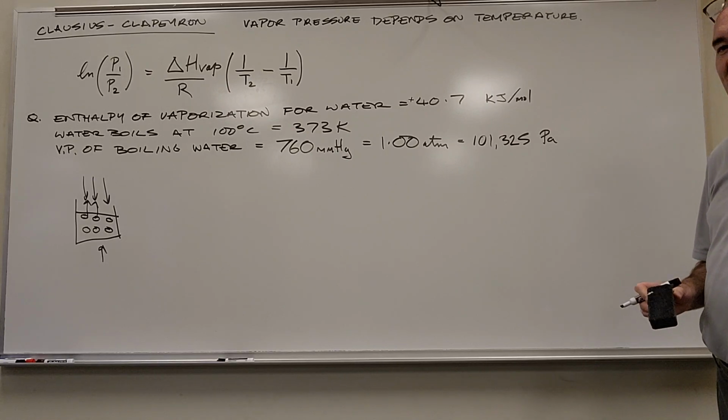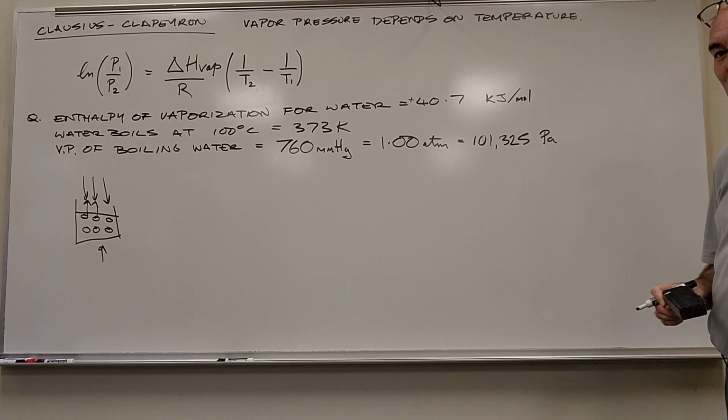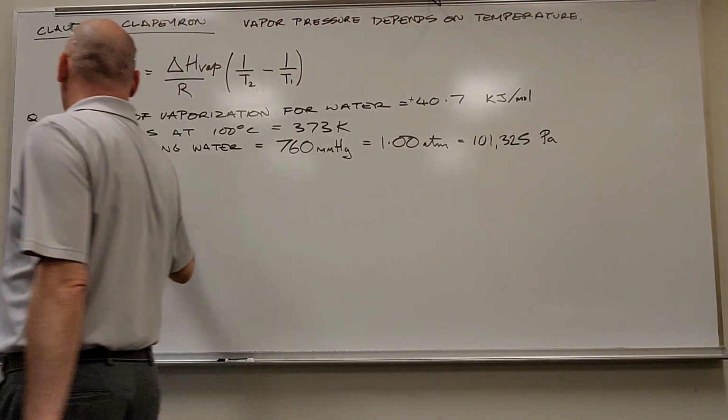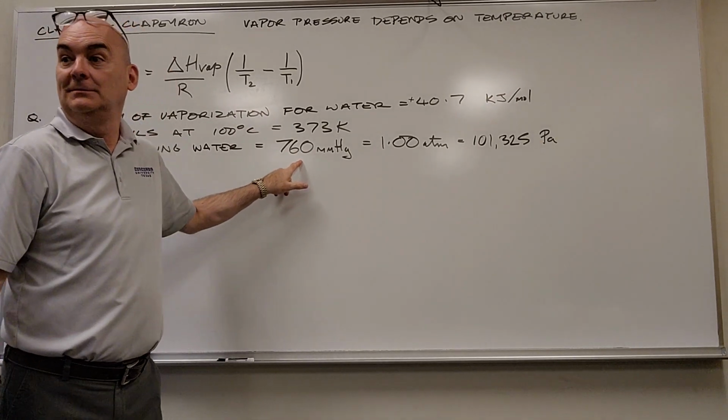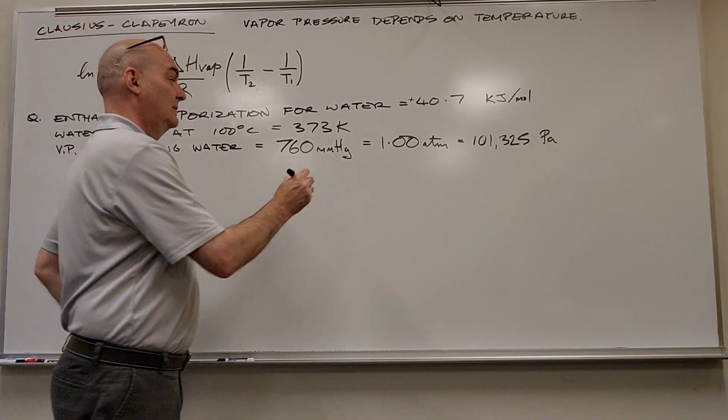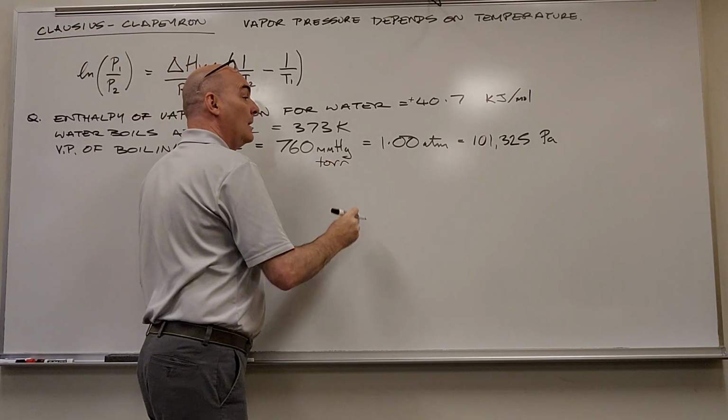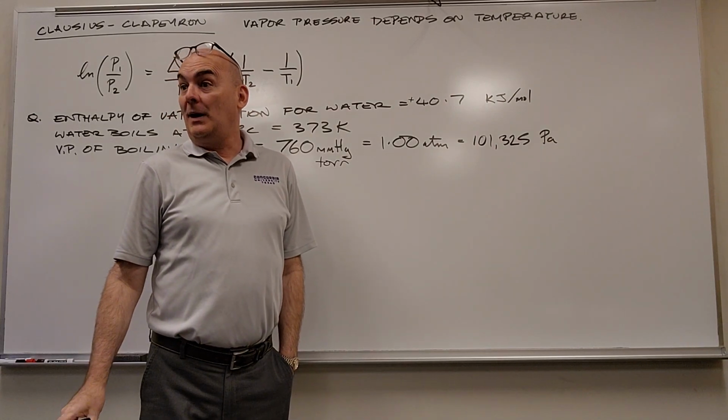Which one of those numbers would be the easiest to put in the calculation? 1. So let's stick with atmospheres then. Whenever anybody gives you a question that involves a gas, that involves a vapor pressure, you are completely at their mercy as to what unit they used. Some authors are going to go torr, millimeters of mercury. Those are interchangeable. Some are going to go bar.